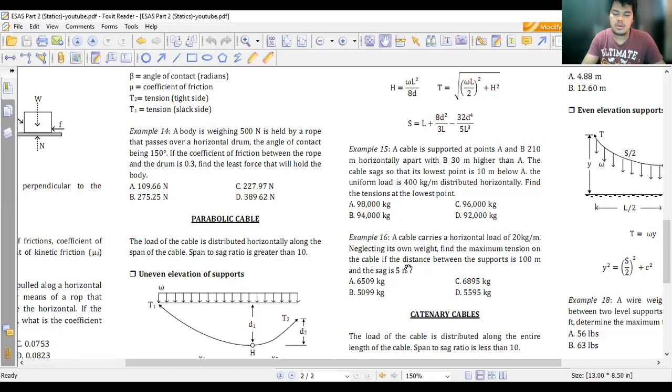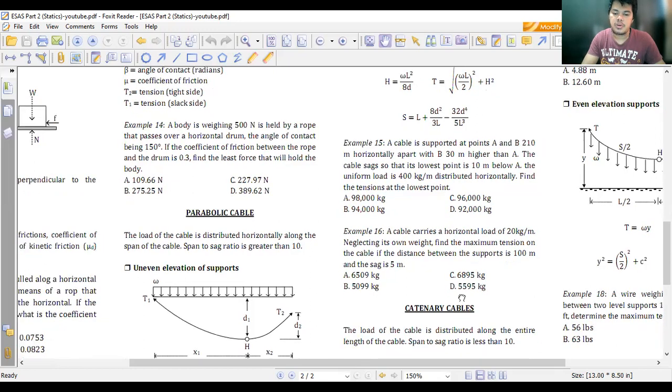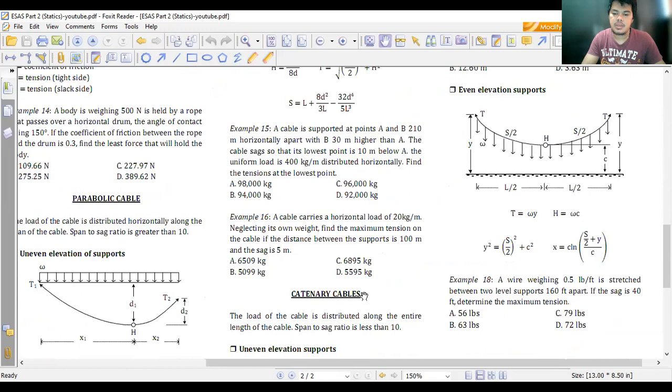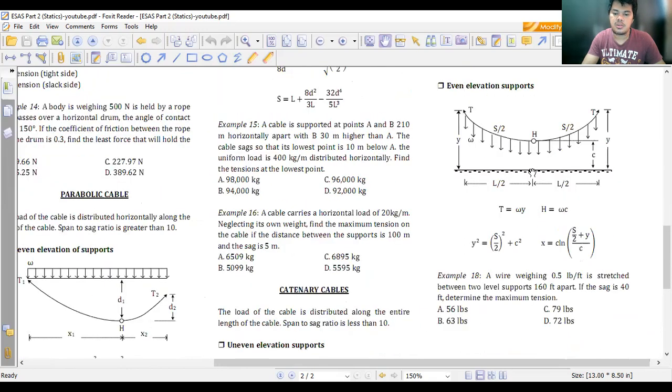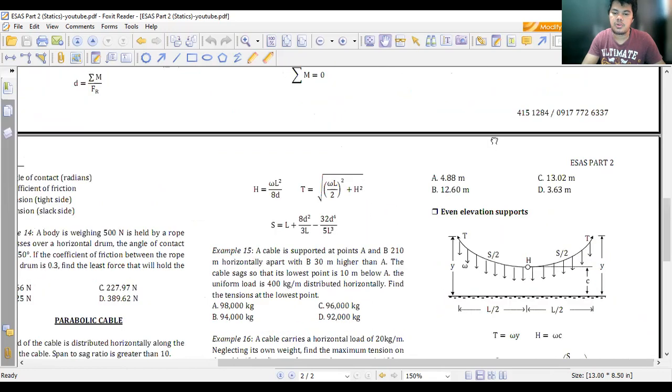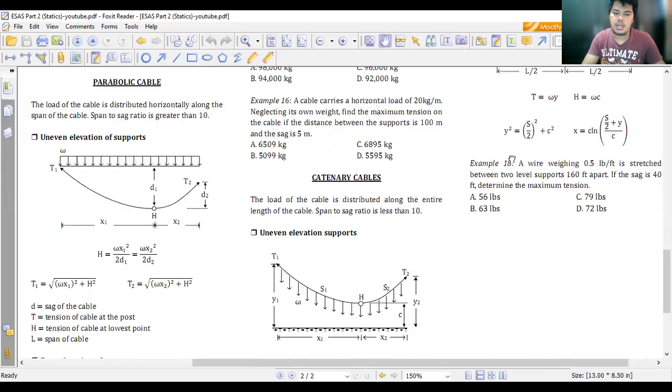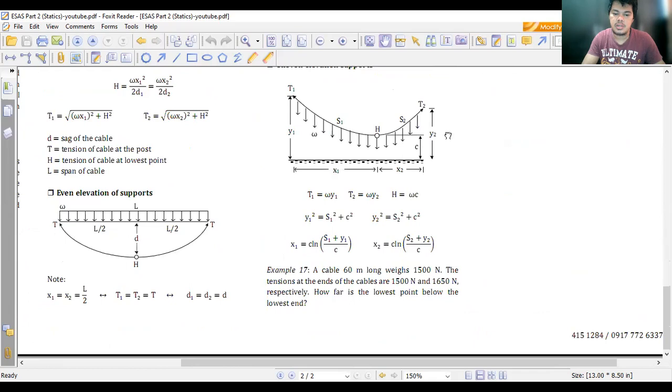For the other type, the catenary cable, the keyword is the word uniformly.